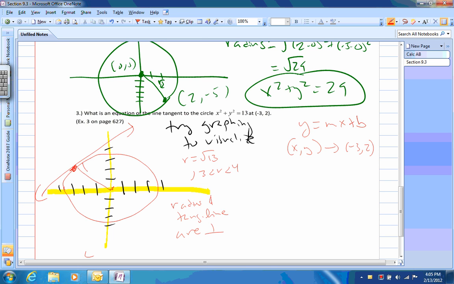Again, the radius will be perpendicular to the tangent line. So in this case, m for the radius, if I work that out, remember that's -3 comma 2 and 0, 0, that'll be 2 minus 0 over -3 minus 0, which is -2/3. So for the tangent line, it's going to be the opposite reciprocal.